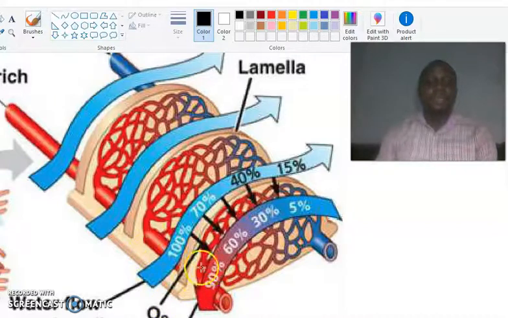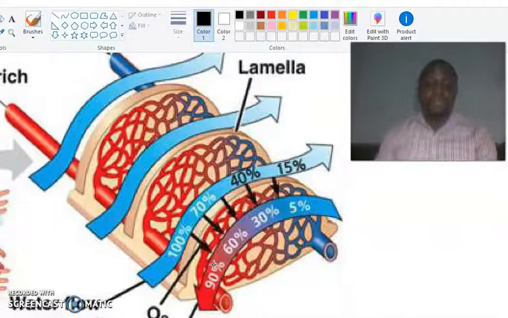Here the blood is 90%. Therefore, there is that steep concentration gradient. Oxygen will diffuse from where it is highly concentrated in water to where it is lowly concentrated in the blood capillaries, hence facilitating gaseous exchange. Is it clear?